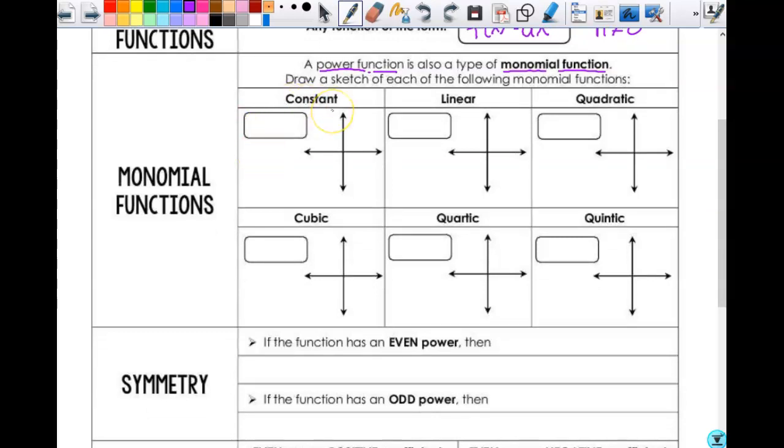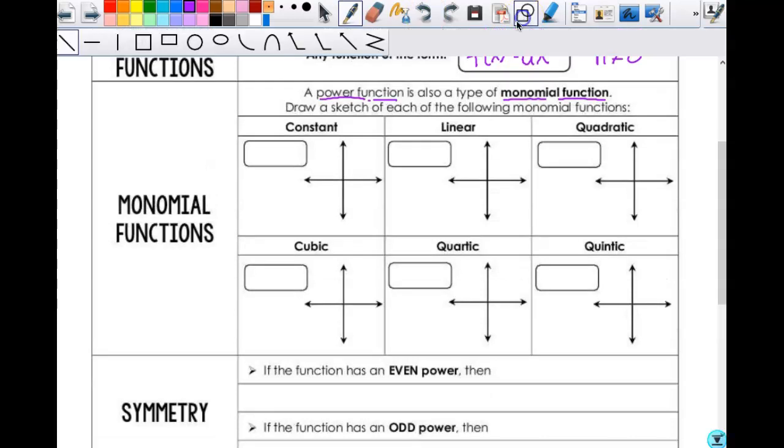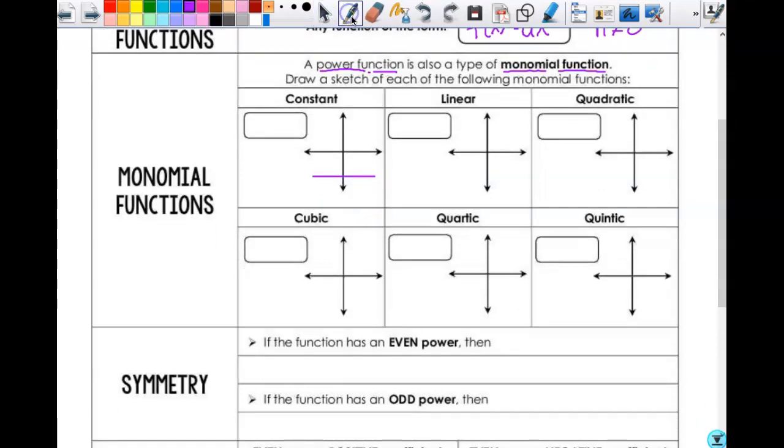A constant function would look something like this, but more horizontal. Let me make it straight. There we go. My constant function has arrows and a constant y value. So this is f of x, and it's not equal to x, it's equal to c for constant.